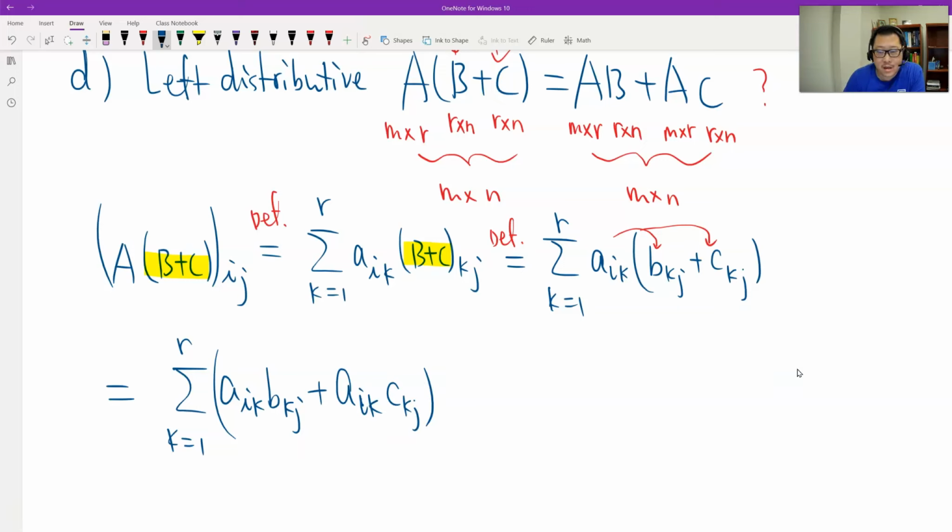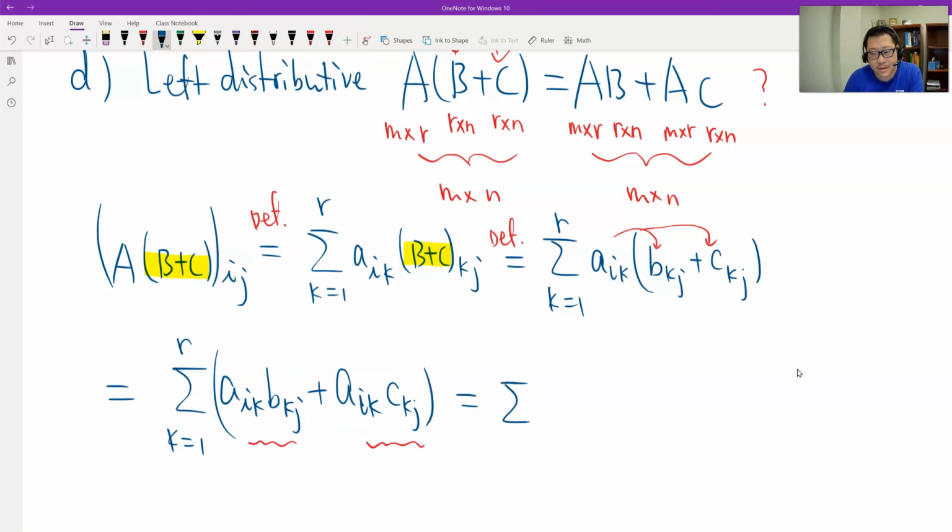Okay, and then I can break it down into two summations. This we call associative: just associate the first term together, and associate the second together. So we should have two terms.